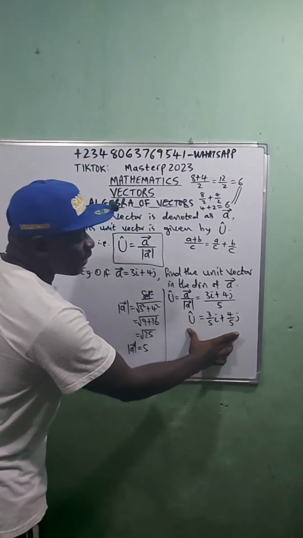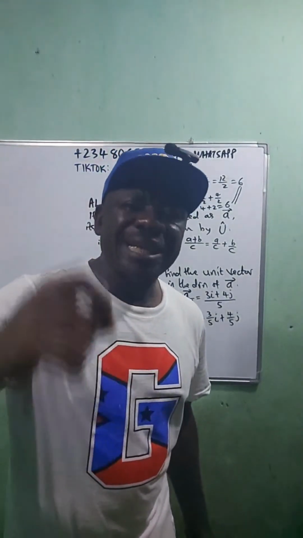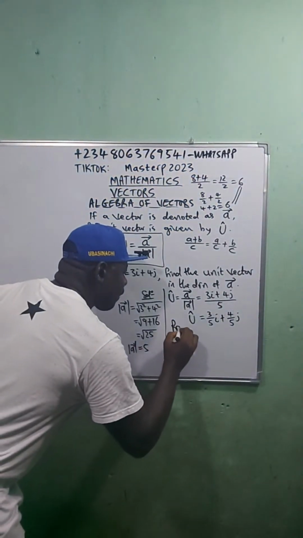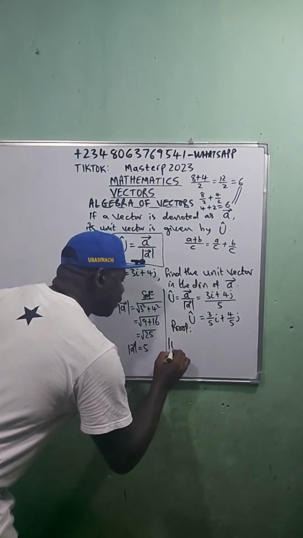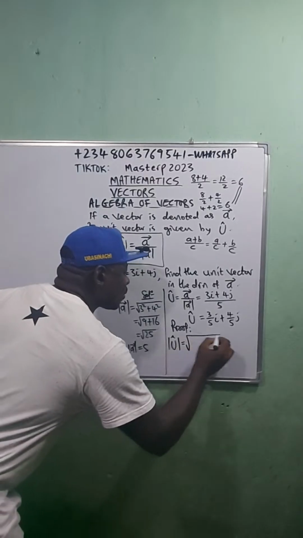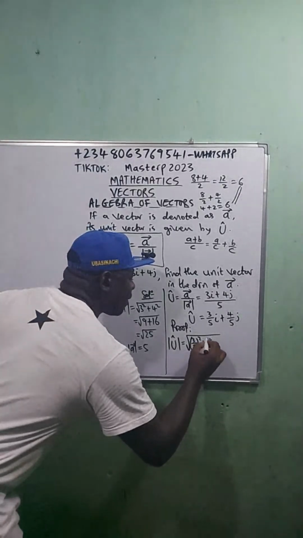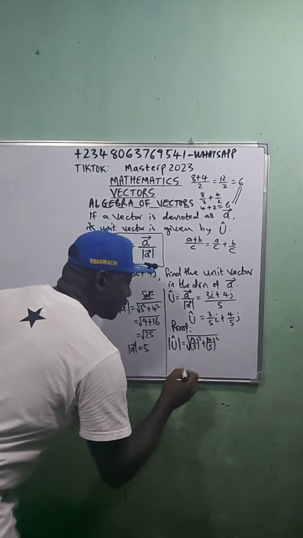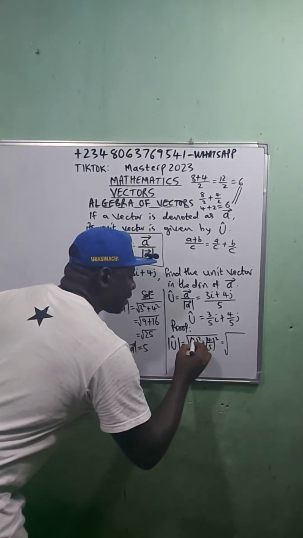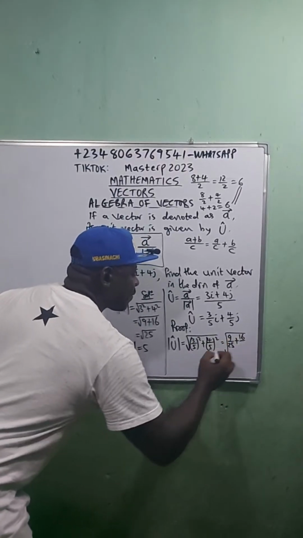What shows that this is the unit vector? If you take the modulus of this vector, it is equal to 1, because a unit vector is a vector whose length is equal to 1. Let's prove it. I want to get the modulus of U cap. This will be equal to the square root of (3 over 5) all square plus (4 over 5) all square. 3 square is 9, 5 square is 25, 4 square is 16, 5 square is 25.